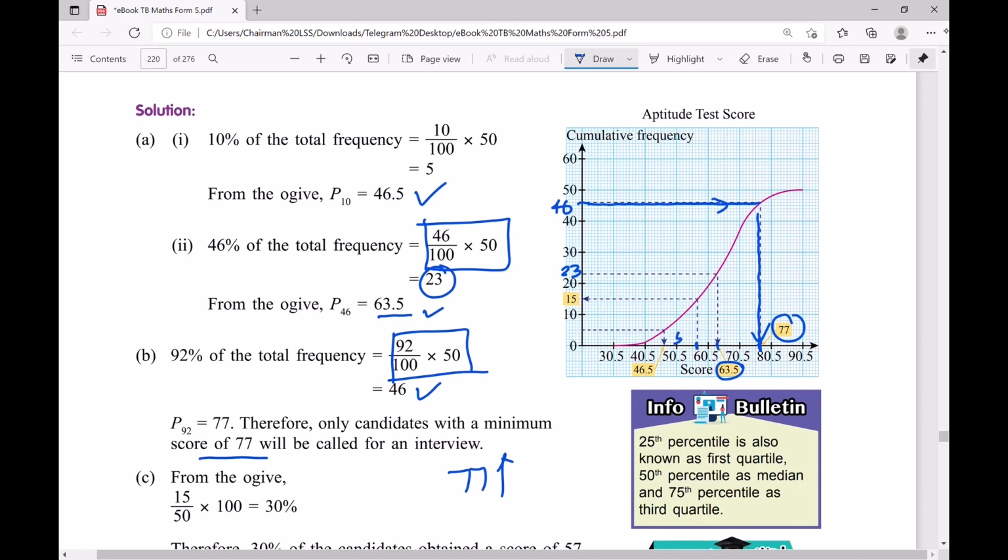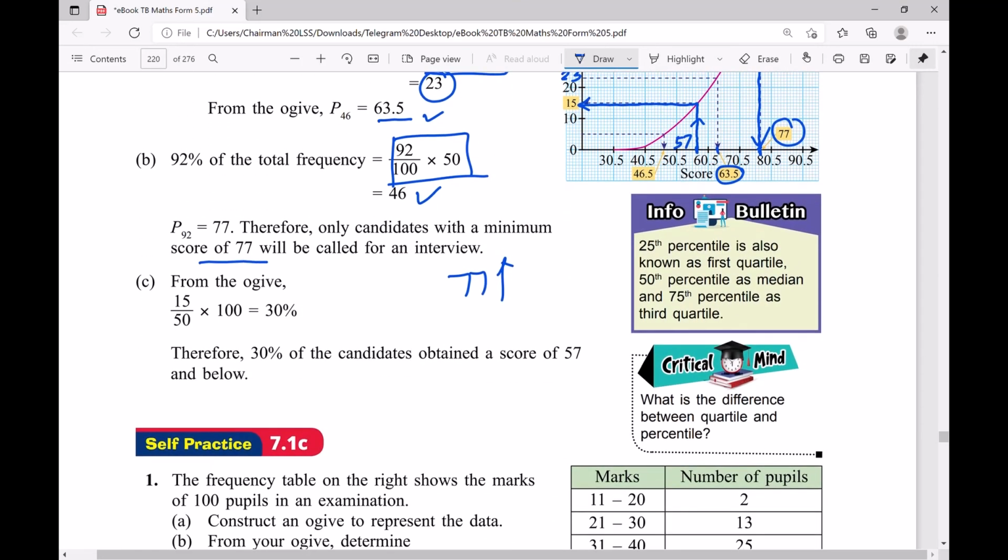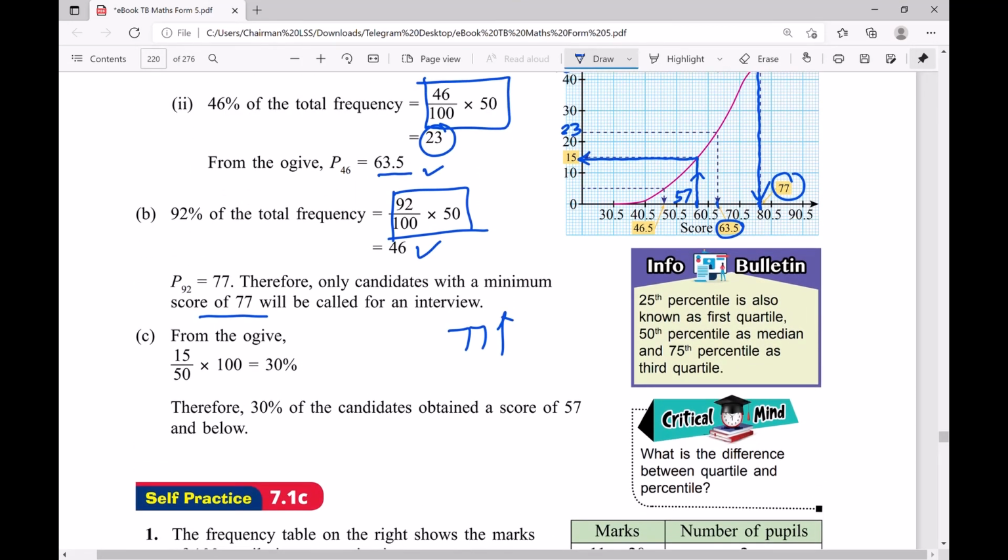And then now you go up and find here. So you will get 15 candidates. You are asked what's the percentage of the candidates, right? So you have 15 over the total candidates 50 times 100, because you were asked to find the percentage. So you'll get 30%. Yeah, 30% of candidates obtain a score of 57 and below.